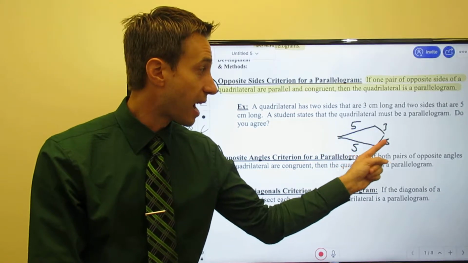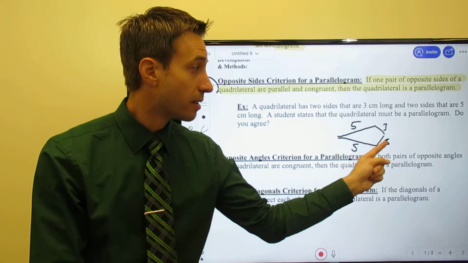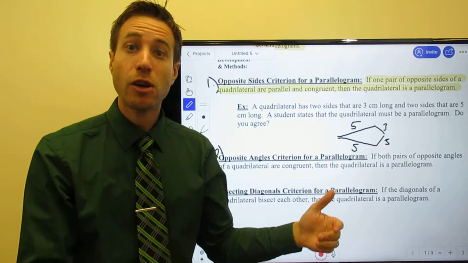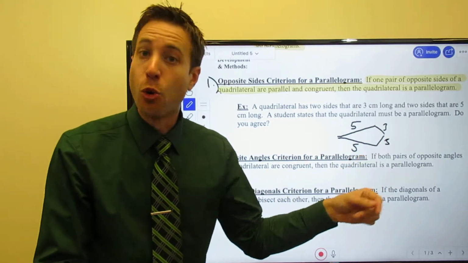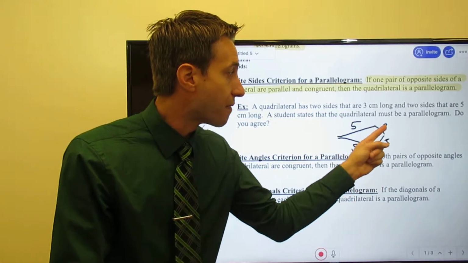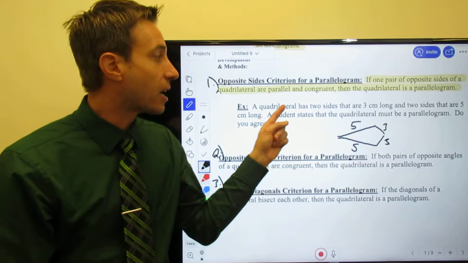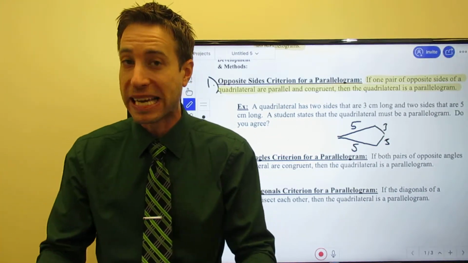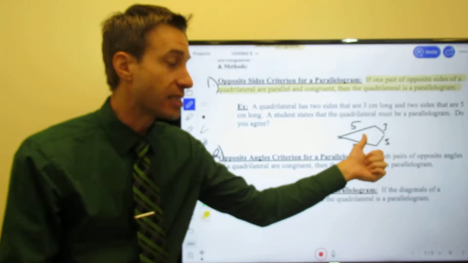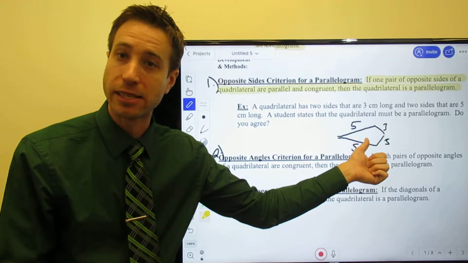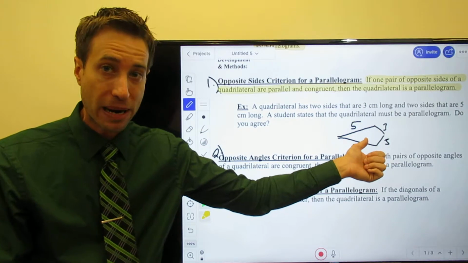Are those sides opposite the same? No. Now opposite sides are 5 and 3, which are not congruent. Because the question doesn't tell me that the sides are opposite each other, I could just as easily draw the figure like this, in which case, no, it's not a parallelogram.